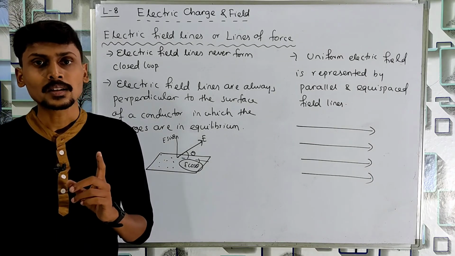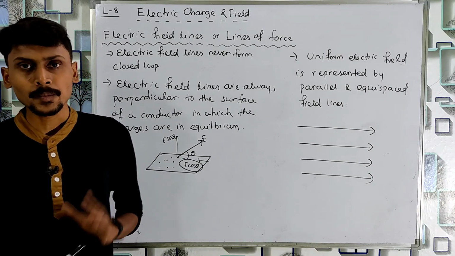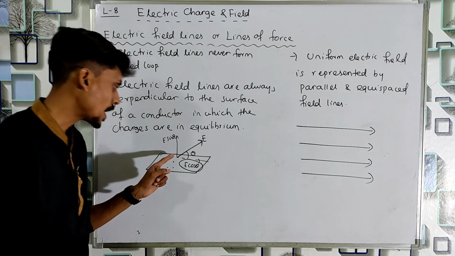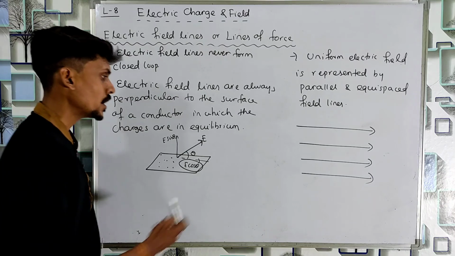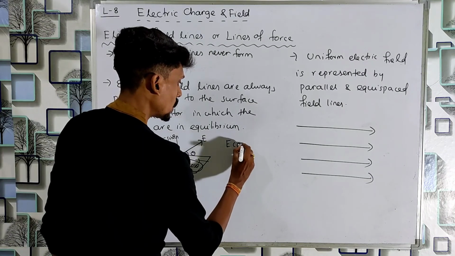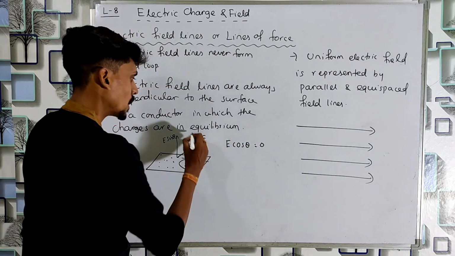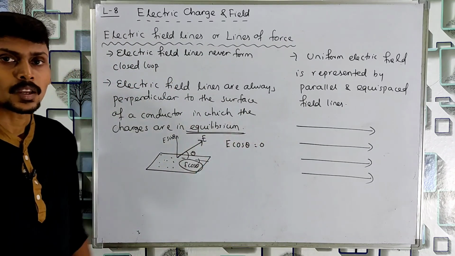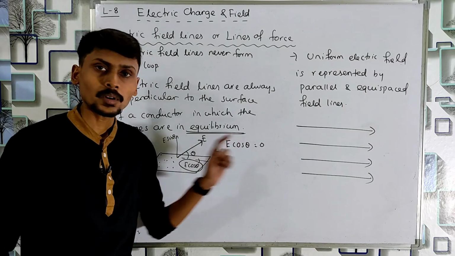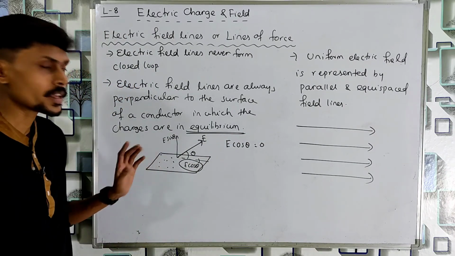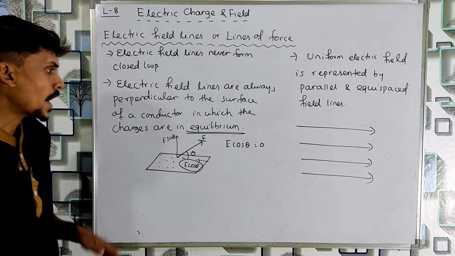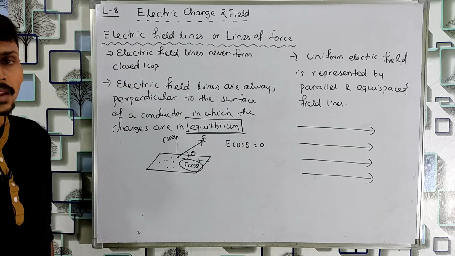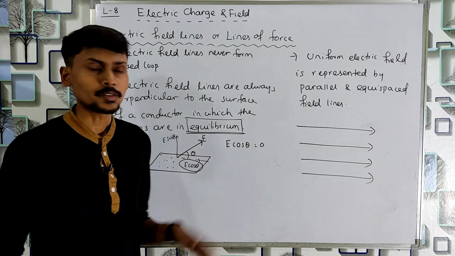So there should be no component of electric field along the surface. That means the E cos theta component should be 0. If E cos theta is not 0, the charges will experience some force and their equilibrium condition will not be achieved. So E cos theta must be 0.